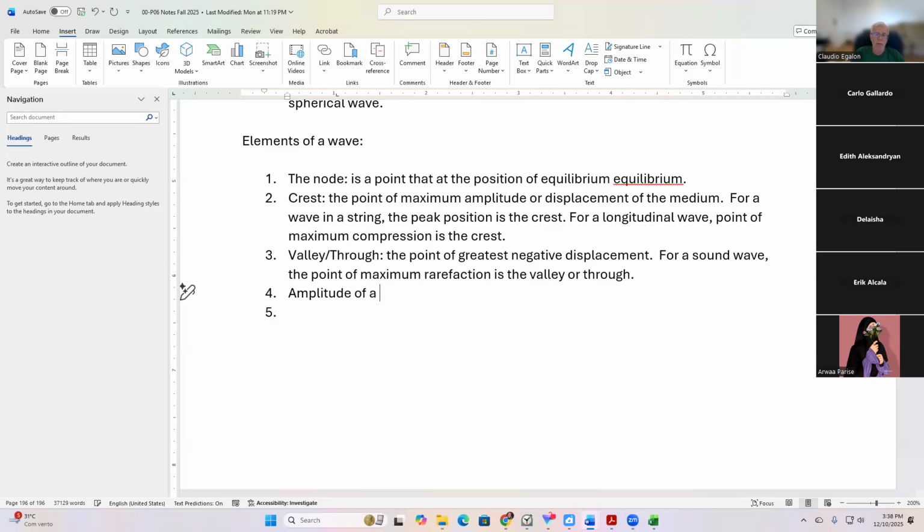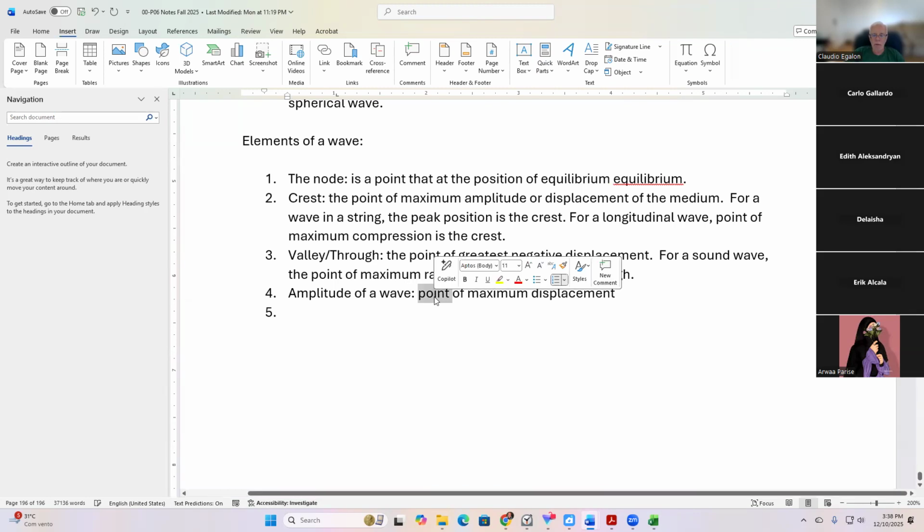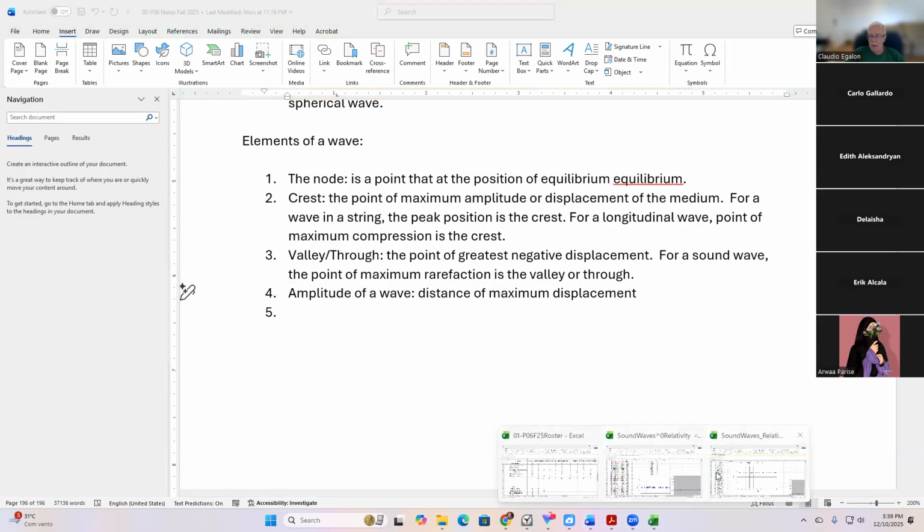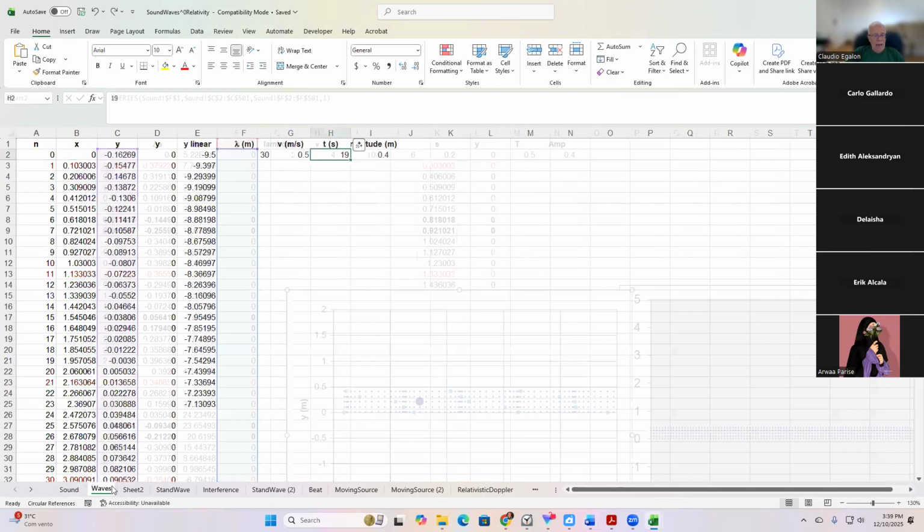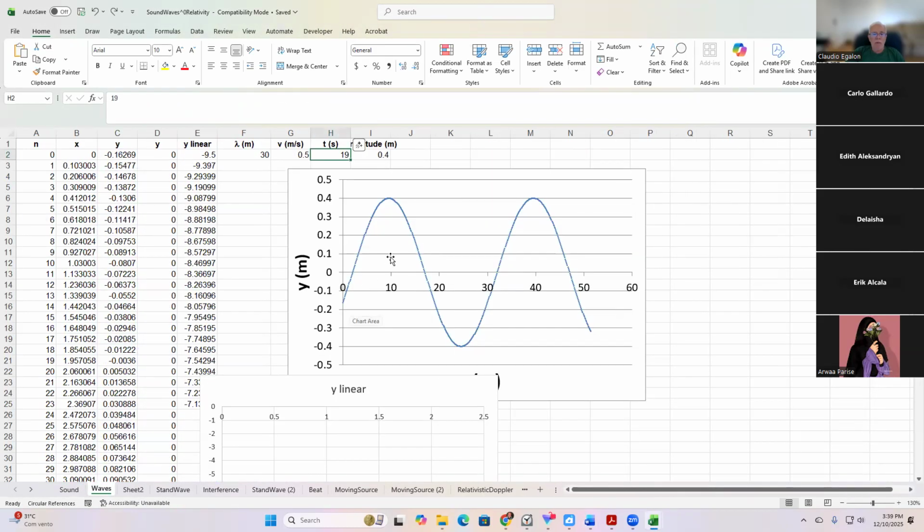Amplitude of a wave, point of maximum displacement, distance of maximum displacement. In my case here, the distance of maximum displacement is 0.4 meters. That's the amplitude of this wave. It's 0.4 upwards, 0.4 downwards.